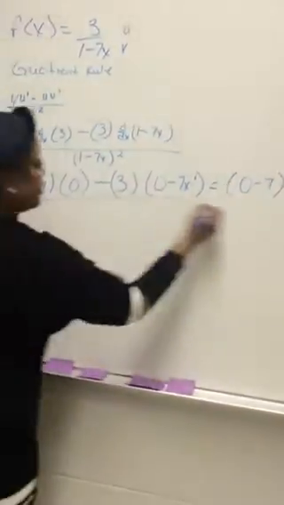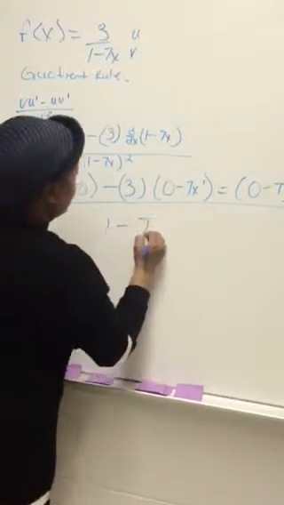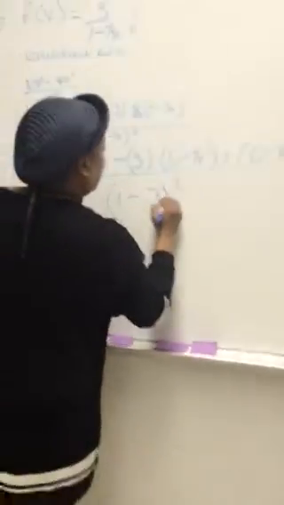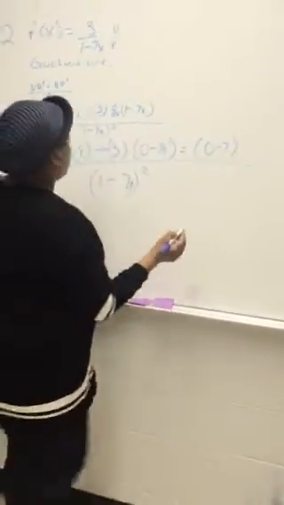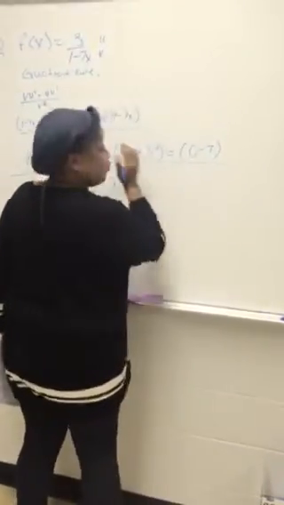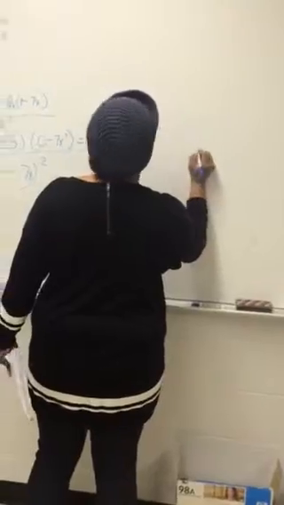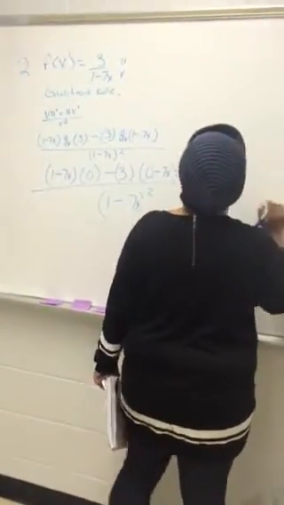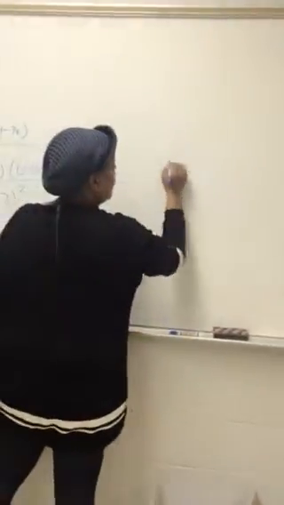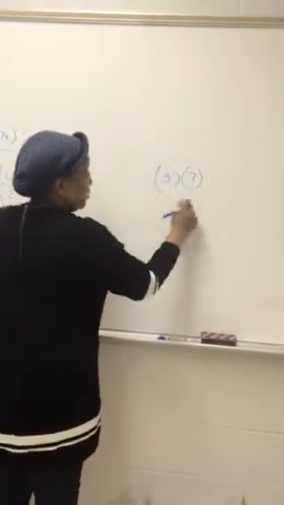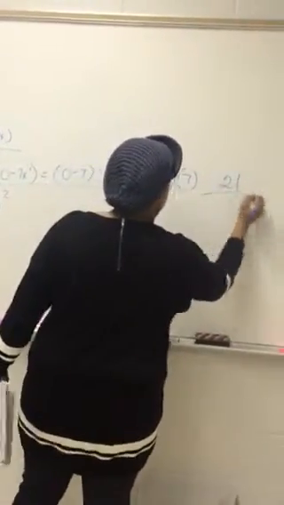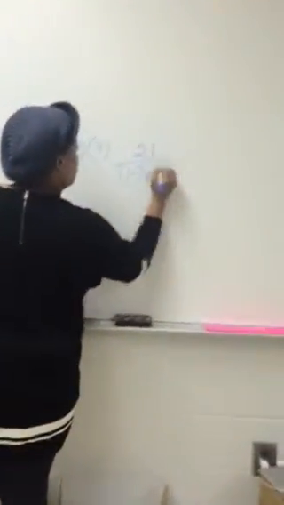And it's all going to be over 1 minus 7x squared. So that's going to end up being 1 minus 7x times 0 is nothing. So it's going to be 3 times 7. It's going to be 21. And that's going to be over 1 minus 7x squared.